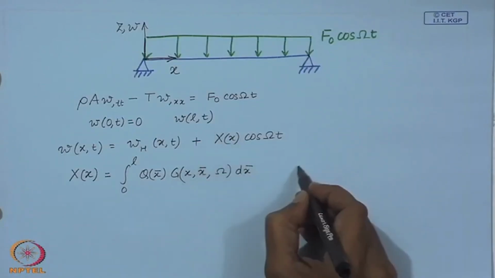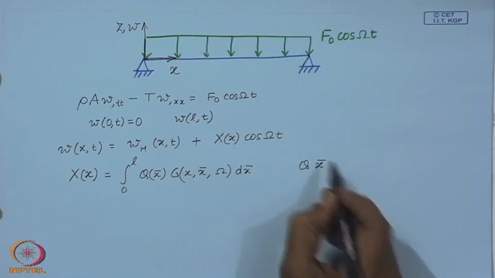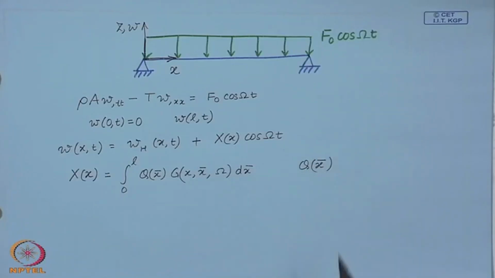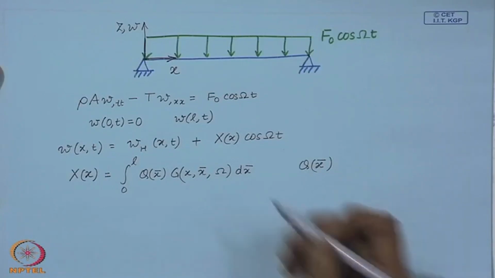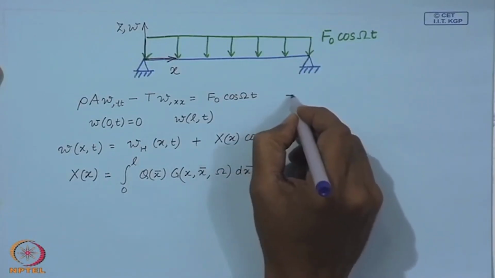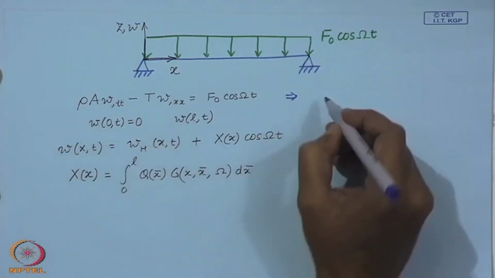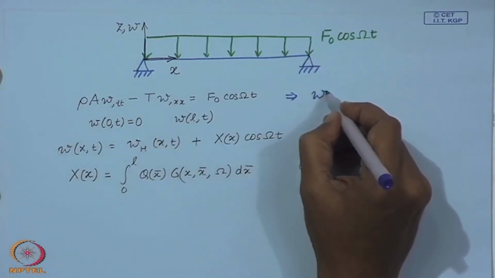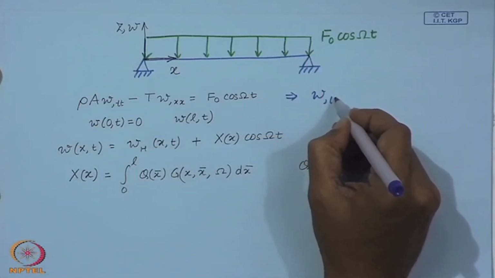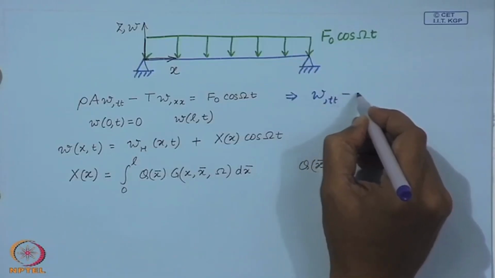in our case, q of x bar. I will rewrite this equation so as to match the differential equation for which we solved the Green's function.